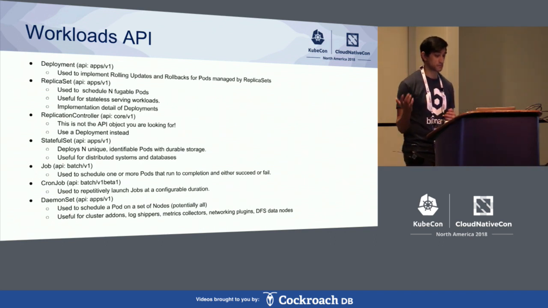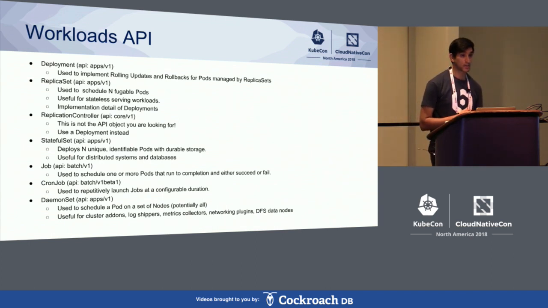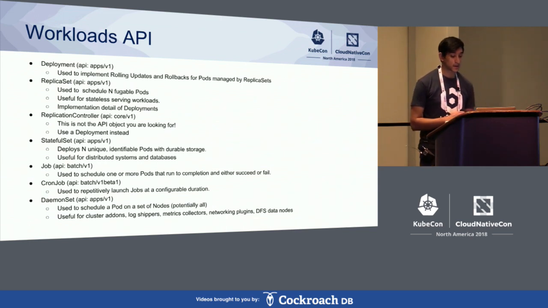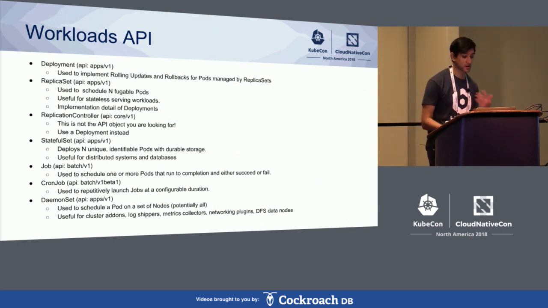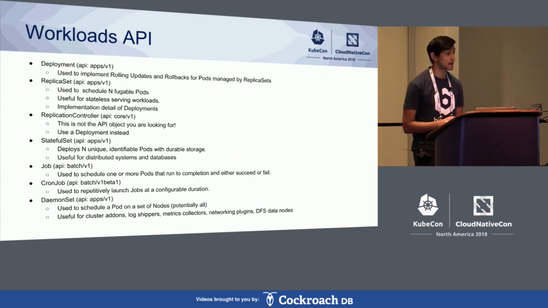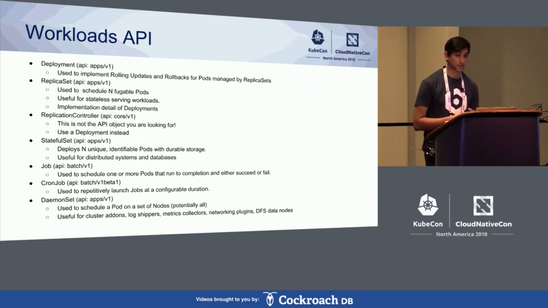So it's really good for any sort of batch processing that you might need, something that doesn't need to be constantly running. Jobs can also report status on whether they succeeded or failed, and there are retry mechanisms and things like that. And then cron job allows you to schedule jobs to run at specified intervals, similar to cron.